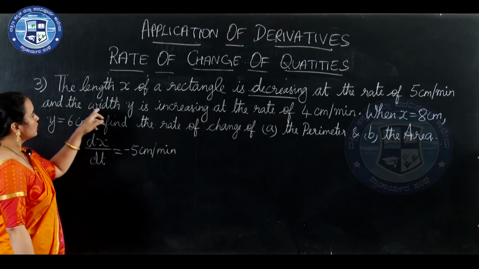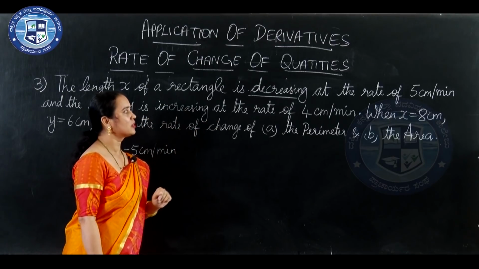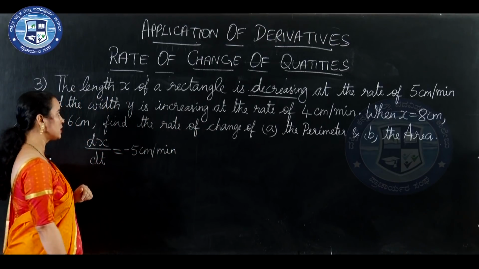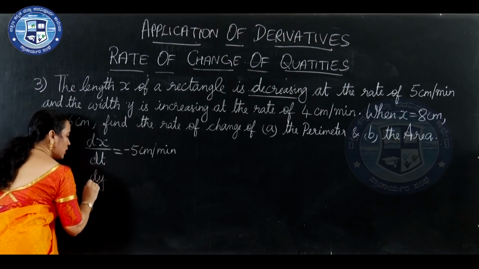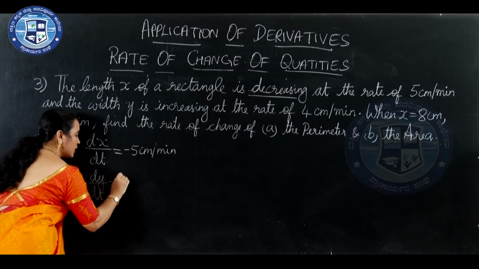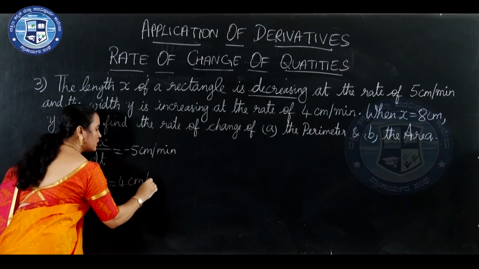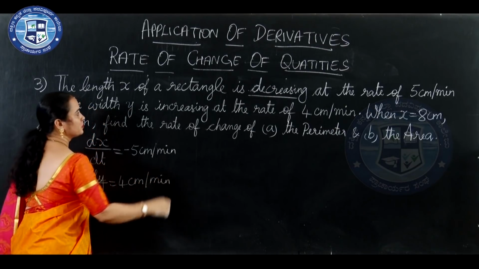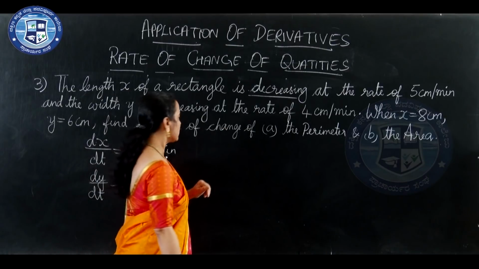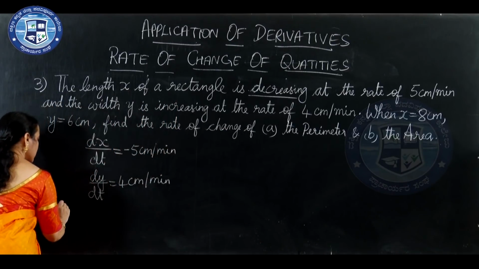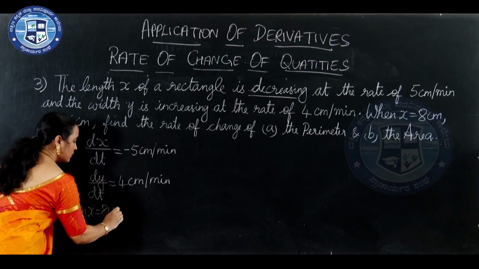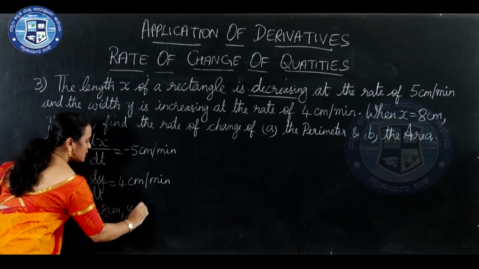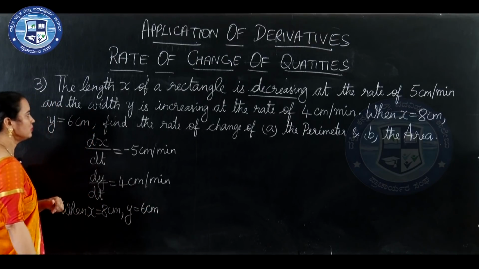Next, the width y is increasing at the rate of 4 centimeter per minute. So change in y, you write it as dy by dt is 4 centimeter per minute. When x is 8 and y is 6, so they have given x is 8 centimeter and y is 6 centimeter.